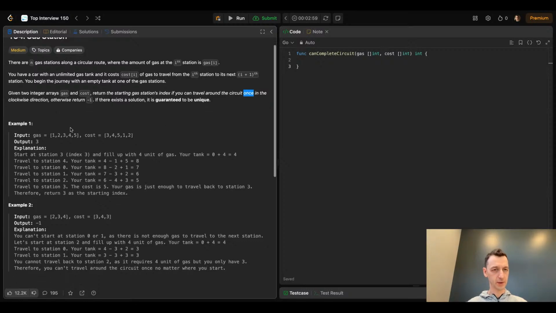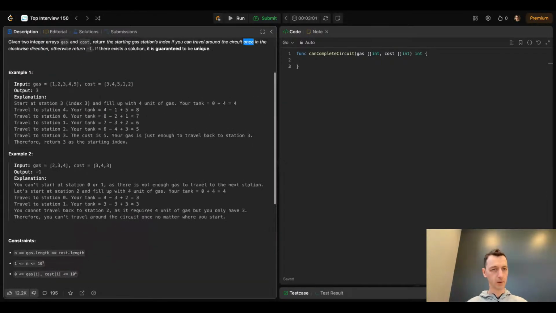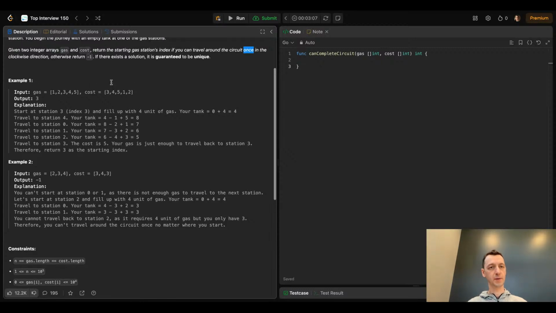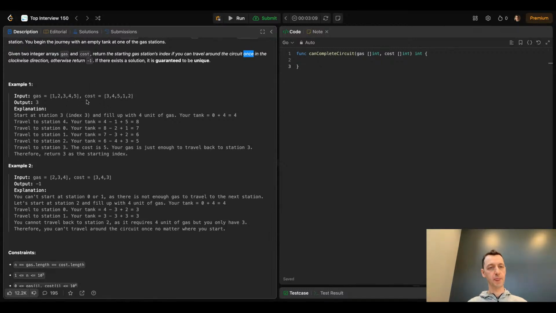Okay, let's see the examples. Gas is 1, 2, 3, 4, 5, and there is this cost. Output 3. Explanation: start at station 3, index 3, so that's this station.